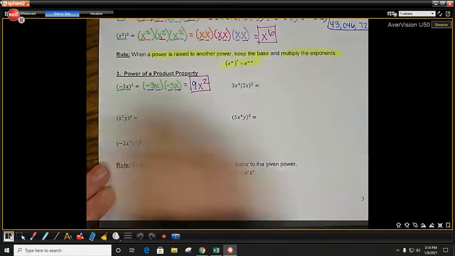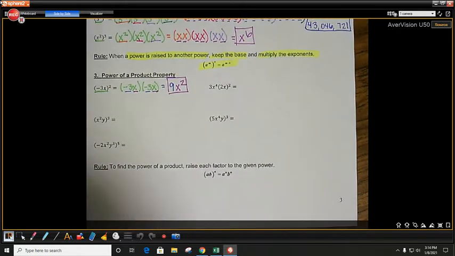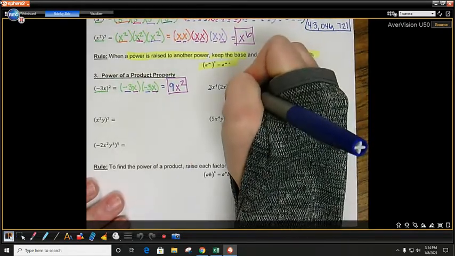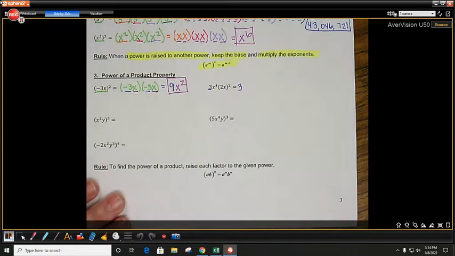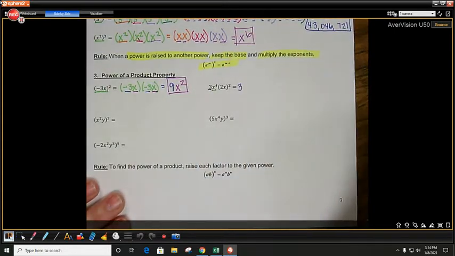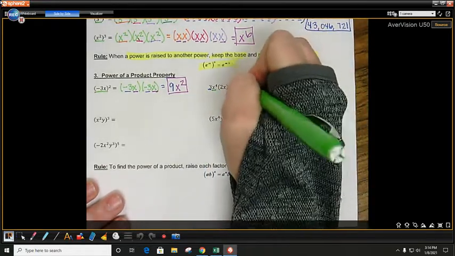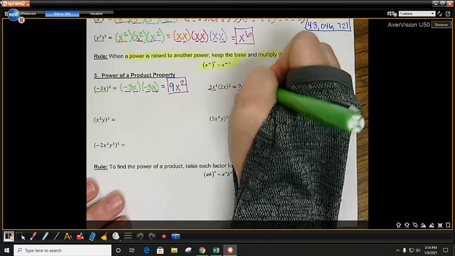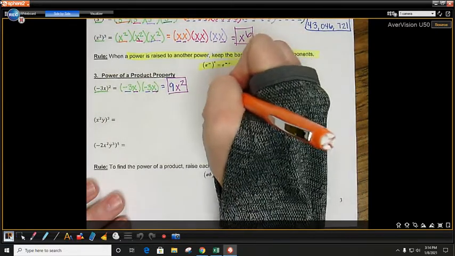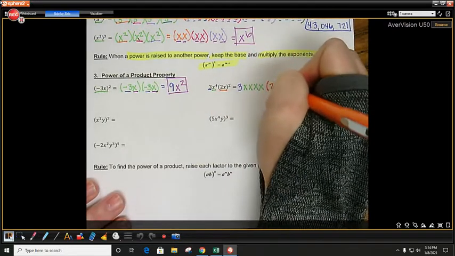Okay, let's look at this next one. I have 3. 3 doesn't have an exponent, so just write it once. Then I have x to the 4th power. Remember, an exponent tells you how many times to write something out. So this is saying I have 4 x's. Write x 4 times. Next, I have parentheses squared. So I'm going to write my parentheses twice.